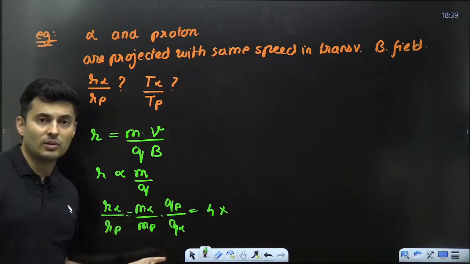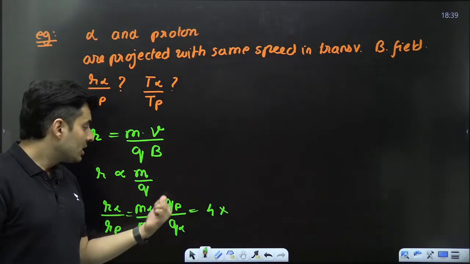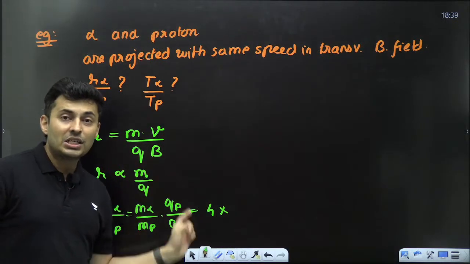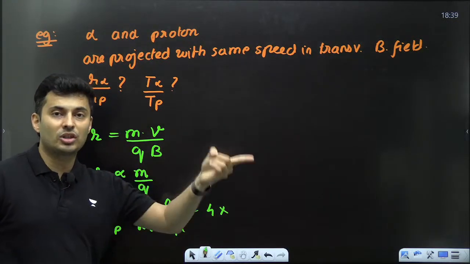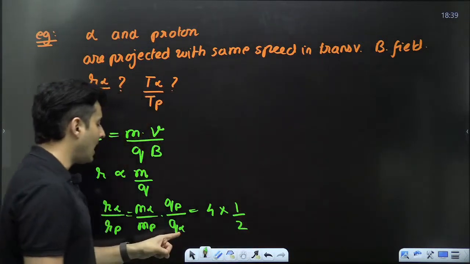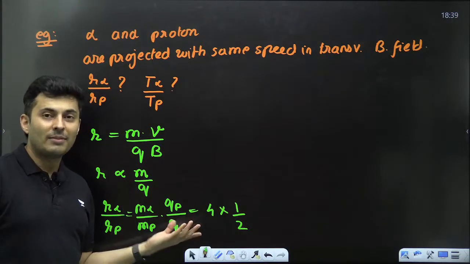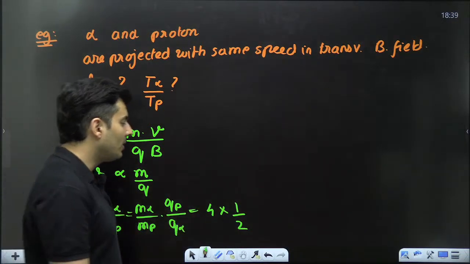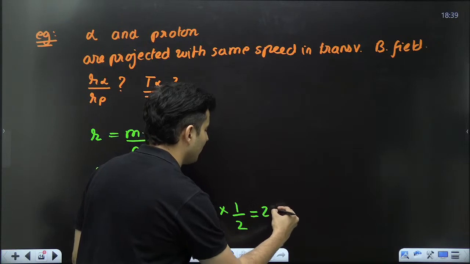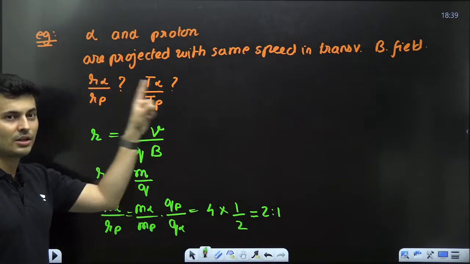And if you talk about the charge, charge of a proton is plus e, charge of an alpha particle is plus 2e. So basically the alpha particle is twice as charged as the proton. Mass is 4 times but charge is 2 times. So how much does this come out to be? It basically comes out to be 2:1. So 2:1 is the answer for the first question.